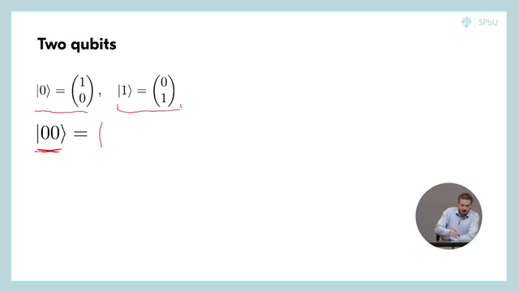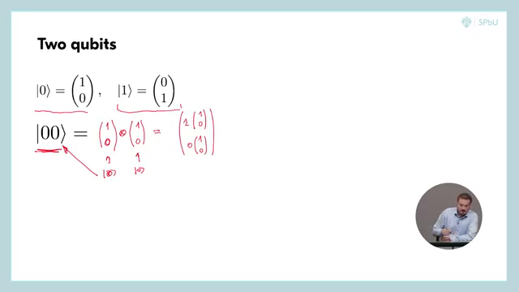There are many rules we can use for this, and the most basic rule for us will be the following. We just take the two vectors. This one is 0 and this one is 0, so they form this vector 0, 0, and we take a tensor product of this vector, so the Kronecker product. So we have here 1 multiplied by 1, 0, and 0 multiplied by 1, 0.